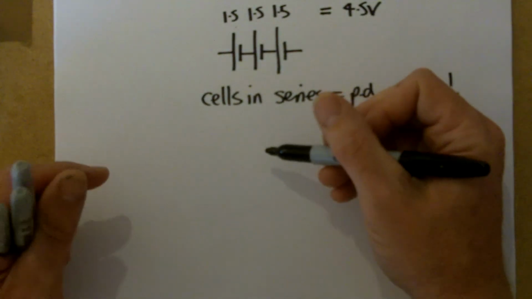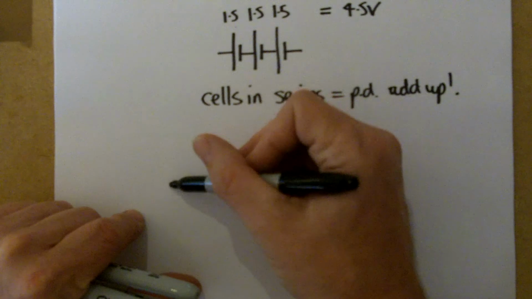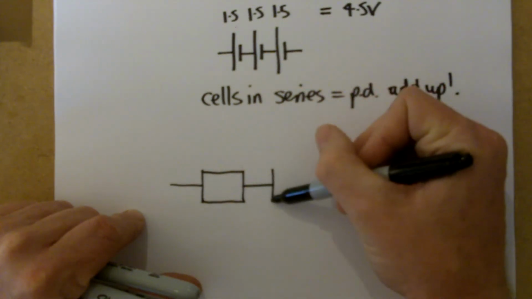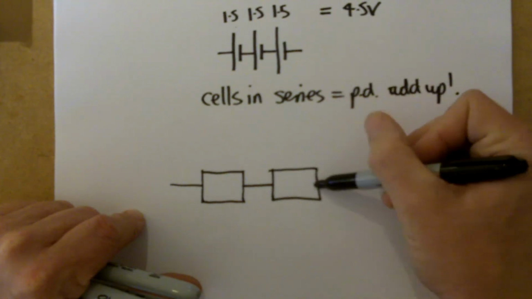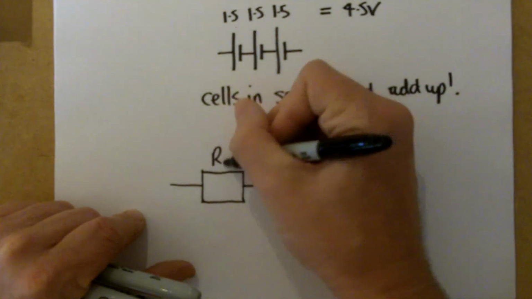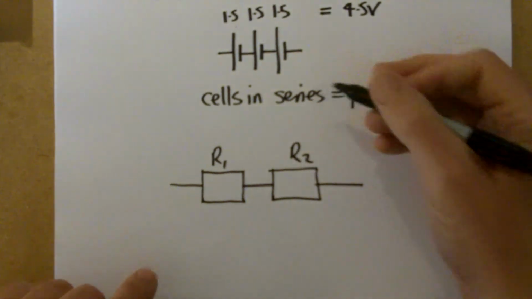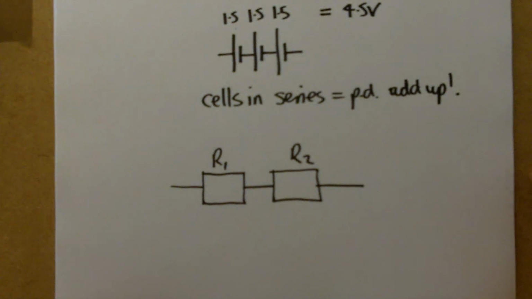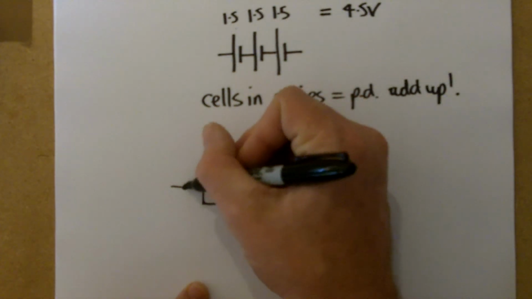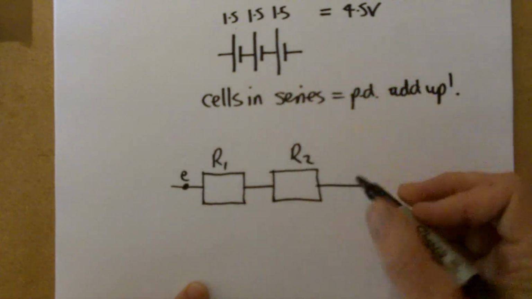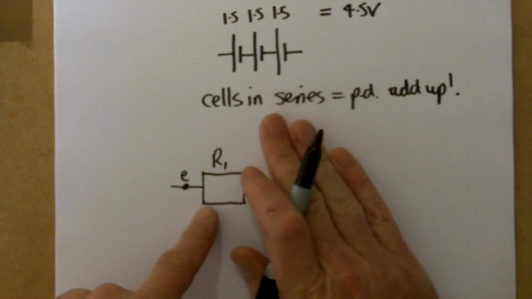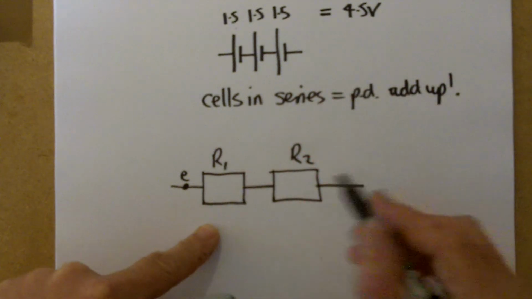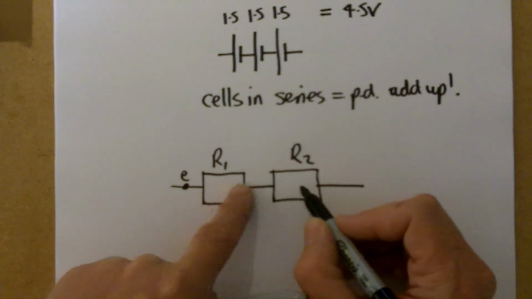Now, just looking at resistors in series, and we'll come back to this, but when we add resistors in series, that means one after the other with no branching, then the resistances, let's call those R1 and R2, add up as well. We'll come back to looking at resistors in series and parallel, but if you're thinking of things from the point of view of an electron moving through, clearly if there's just one resistor, then there's some opposition to the flow, and when I put 2 resistors in, those electrons have got to effectively move through 2.